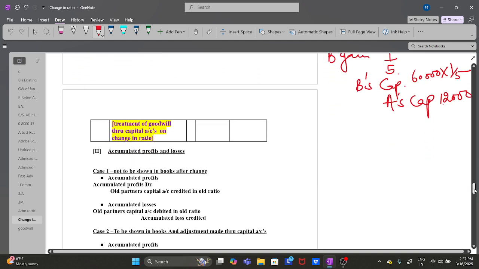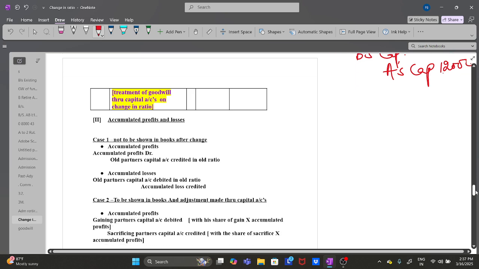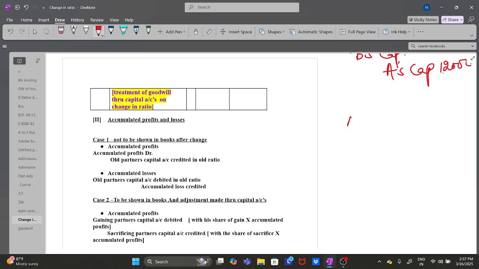Then we come to the case of accumulated profits, losses, general reserve, etc. Over here, there are two issues. In accumulated profits or losses, because they're changing the ratio, they may or may not want to show the impact of this in the balance sheet.